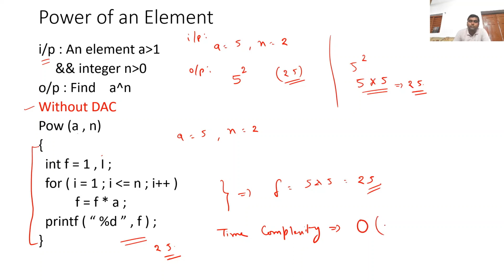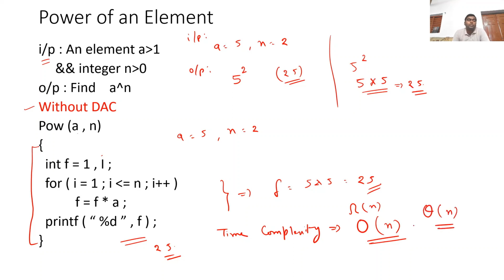The time complexity for this is order of n. Why is it order of n? Because n times the loop is running, each and every time it is multiplying by itself, right? And storing the same number. So this is order of n. So we can say that best case is also order of n, because ultimately n times it will run. Worst case is also. So we can say that it can be represented as theta of n.